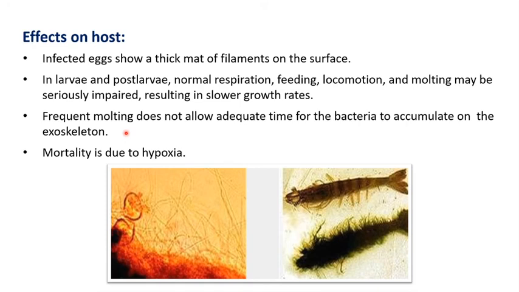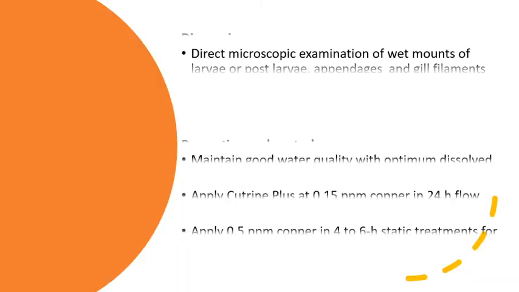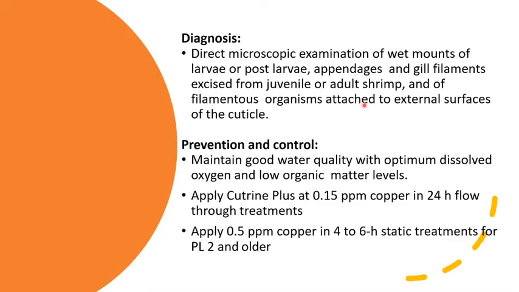Mortality is due to hypoxia or loss of respiration. Diagnosis. Direct microscopic examination of wet mounts of larvae or post-larvae, appendages and gill filaments excised from juvenile or adult shrimp, and filamentous organisms attached to the external surface of the cuticle can be seen.